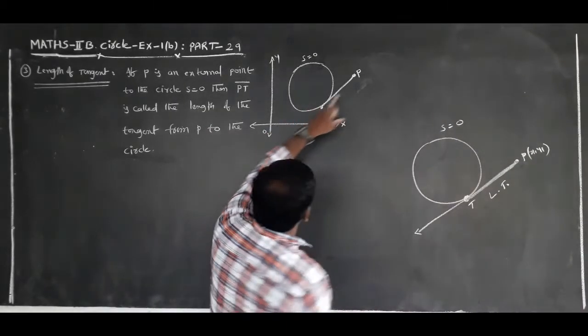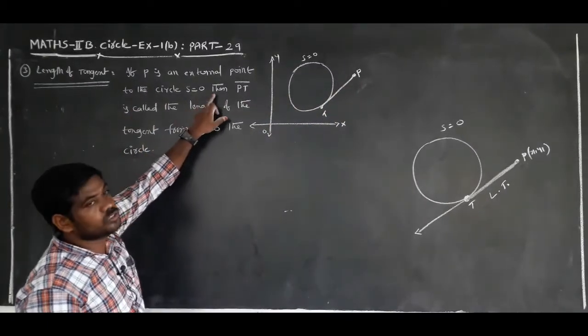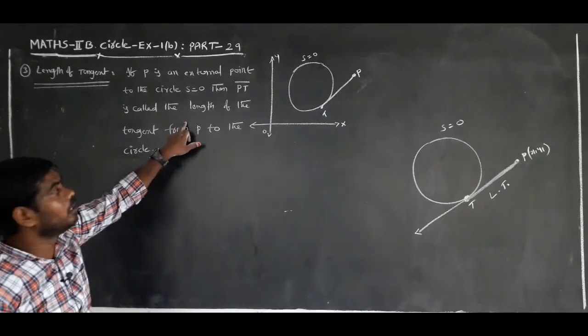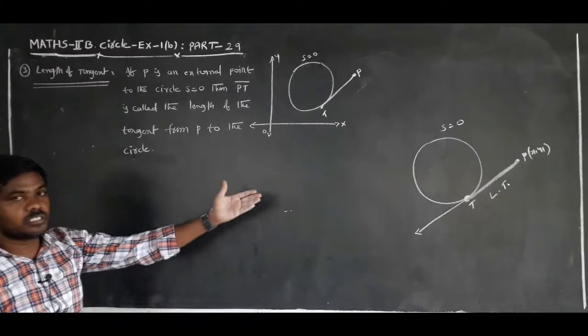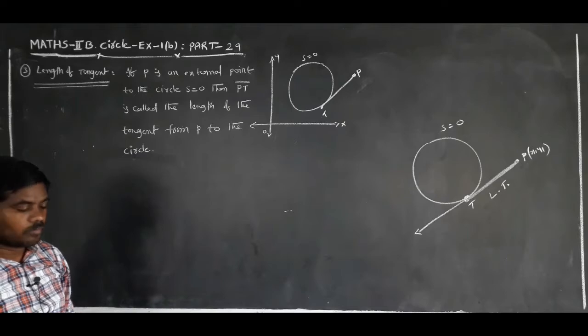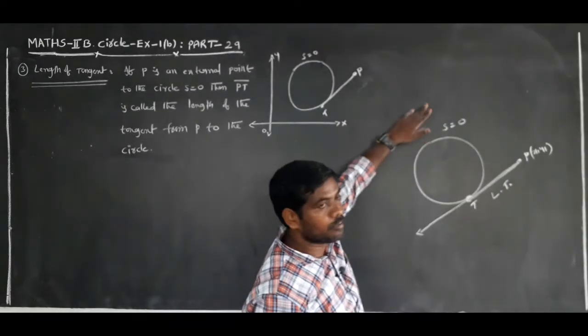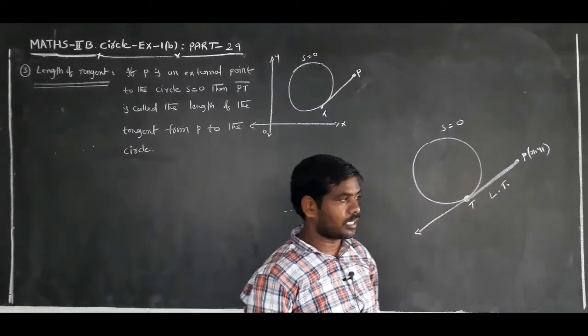If P is an external point to the circle S equal to 0, then PT is called the length of the tangent from P to the circle. This is the definition of the length of the tangent. Once again, S equal to 0 is the circle and P(x1, y1) be the exterior point of the circle.